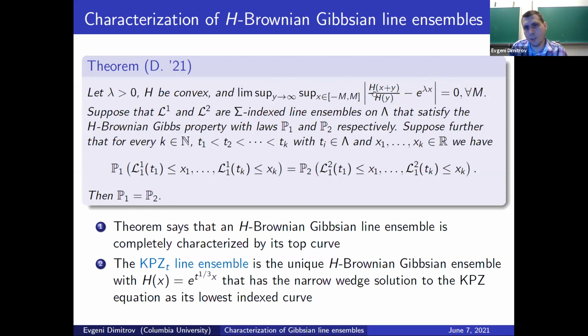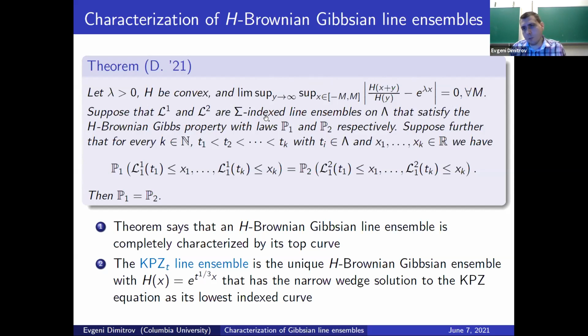For example, if H is identically equal to e to the lambda x, this ratio is going to exactly cancel with this thing for all possible values of x and y. This is a certain relaxation of the assumption that you can make while still using the same arguments. So you can handle slightly more general than just exponential interaction Hamiltonians in this way.